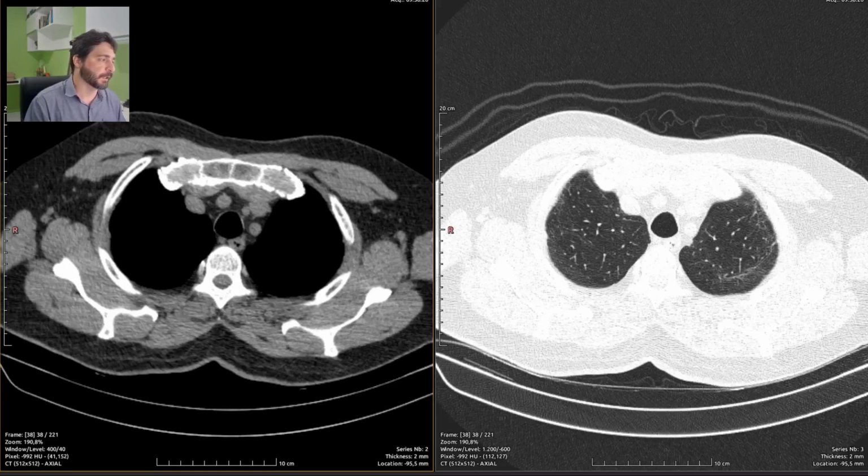And calcification. Aortic and coronary atherosclerosis. This is already here because this is a template.